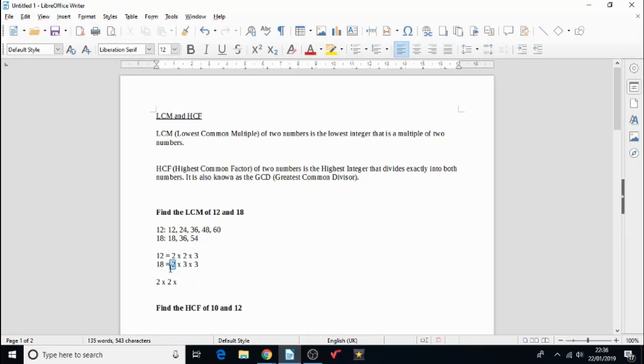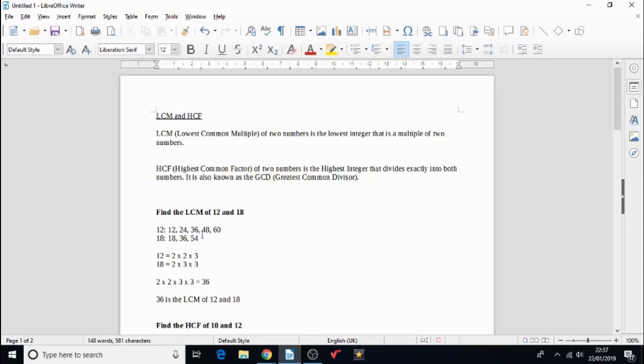You don't need to multiply by another 2 because 2 is already in the 18. So you multiply by 3, but also another 3 because it appears twice in 18. So 2 multiplied by 2 multiplied by 3 multiplied by 3 is equal to 36. Therefore 36 is the lowest common multiple of 12 and 18.